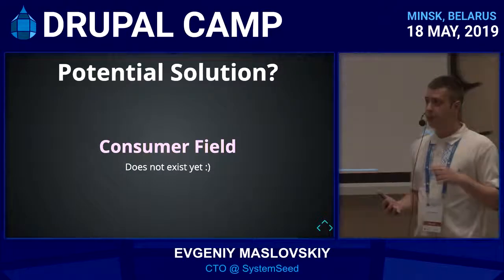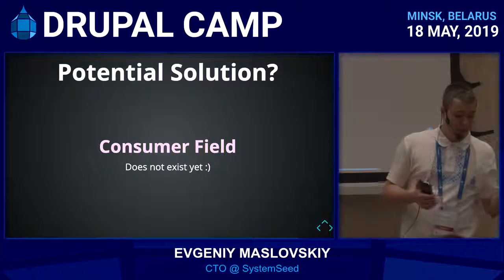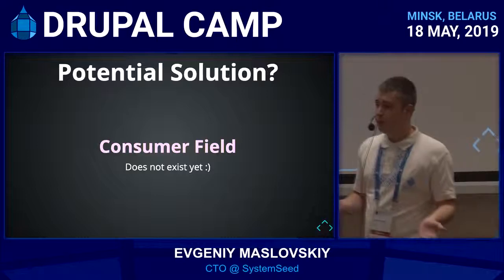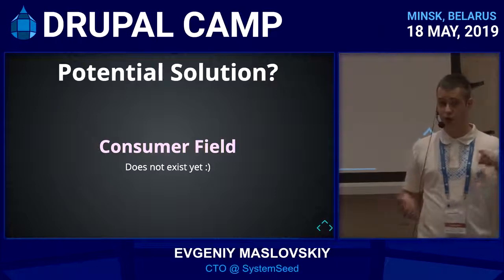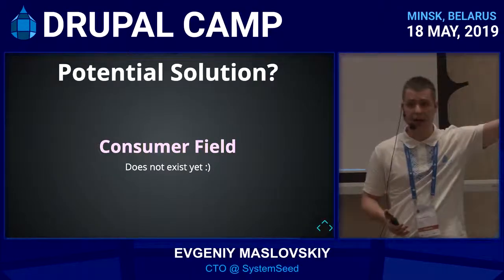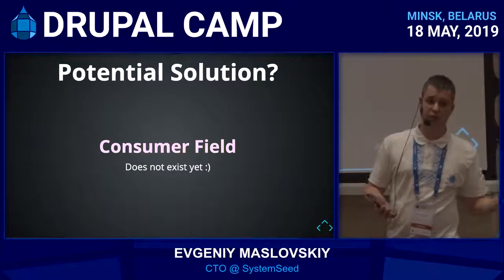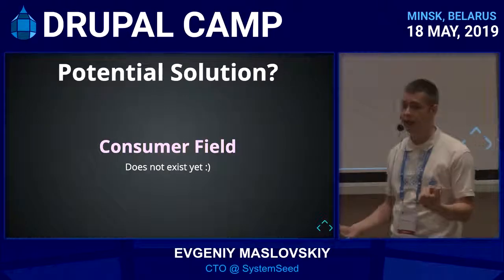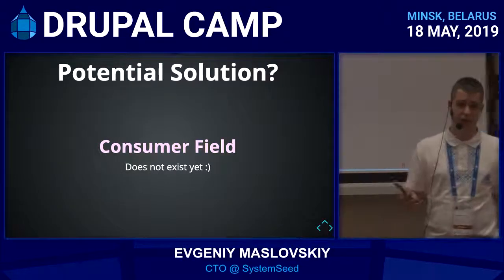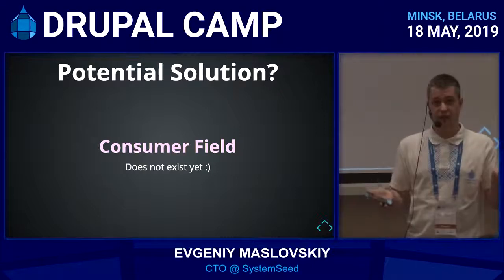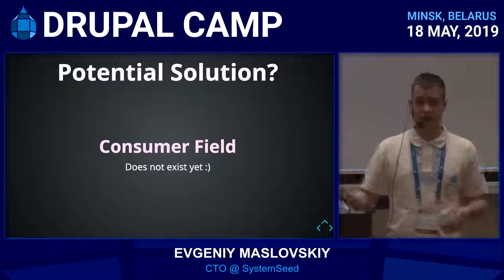The idea behind the solution we're thinking of, and we haven't done anything yet, is to build a field based on the consumer, which will give editors the missing bit to tag: I want this content to go to consumer A, I want this content to go to consumer B. Then we add a sort of middle layer, because the consumers, when they make a request to the backend, need to add a signature saying I am consumer A. We want to add this middle layer to apply a permission kind of thing: consumer A can't access nodes that were marked with other consumers.